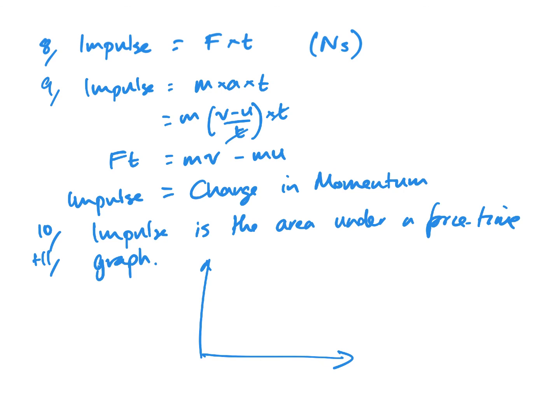But by using this idea that impulse is Ft, by controlling the time for the collision to take place, i.e. by jumping onto something softer like grass, which has a bit of give, we can spread the impulse over a longer period of time, and that makes the force smaller. If you jump onto a hard material, you might have a force time graph that looks like that: a short period of time resulting in a large force.